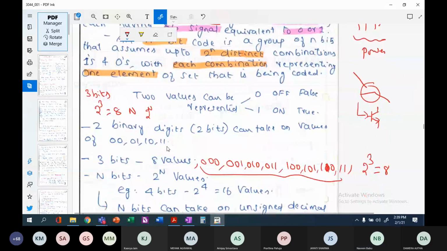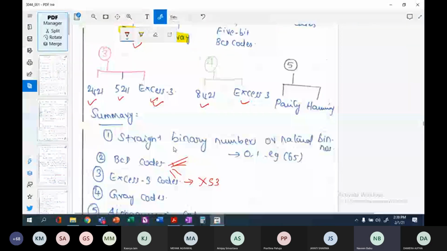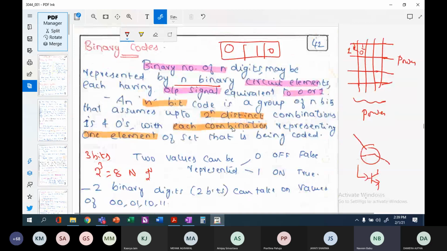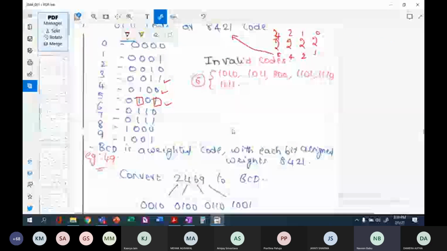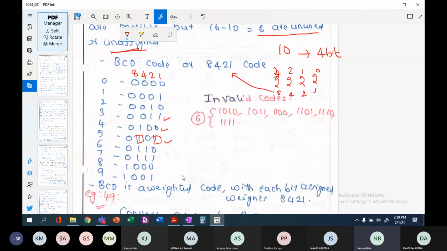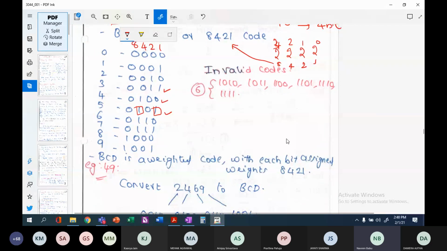So I will definitely ask you, maybe in the exam, to create a 5211 BCD code, so you must be able to do that. I will help you with how to do a 5211 code after we complete this. So BCD is a weighted code with each bit assigned weights 8, 4, 2 and 1.